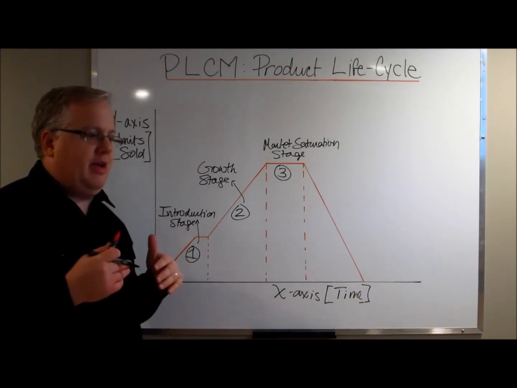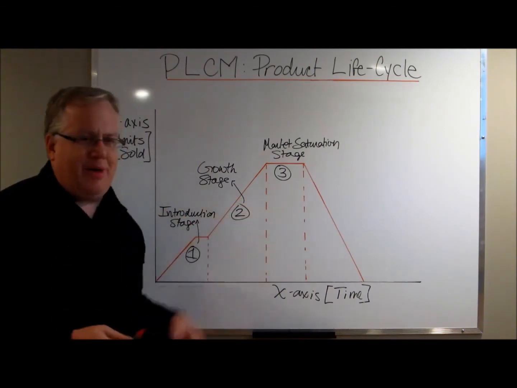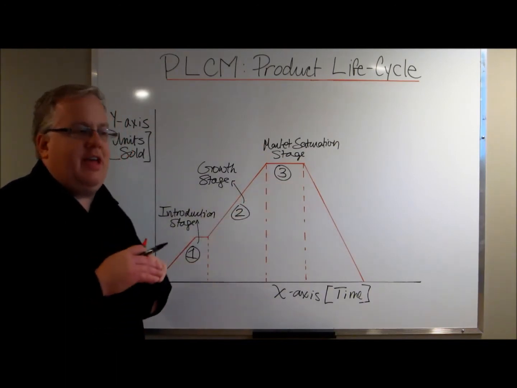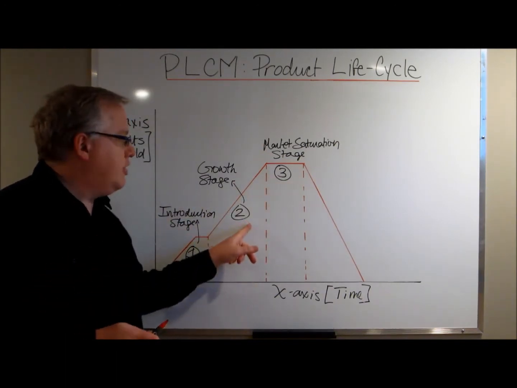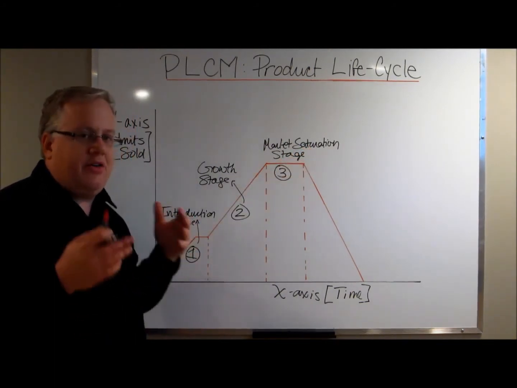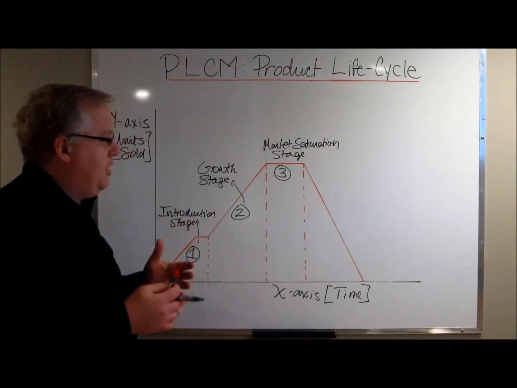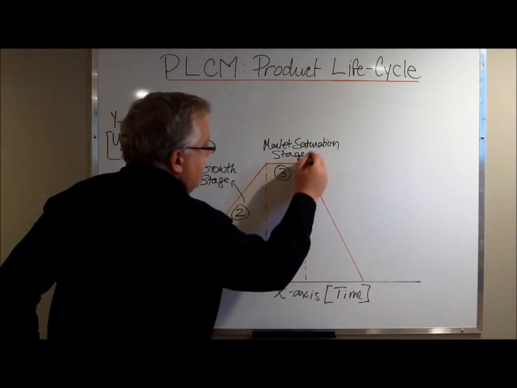Customers are no longer as interested in the product offering. There are too many competitors. There's price erosion. At this point in time, pricing is at best stable. Profit margins aren't nearly as good as they were during the growth stage. There are too many competitors, and customers have too many choices, so companies don't really make as high profit margins during the market saturation stage. Okay, so that's the third.